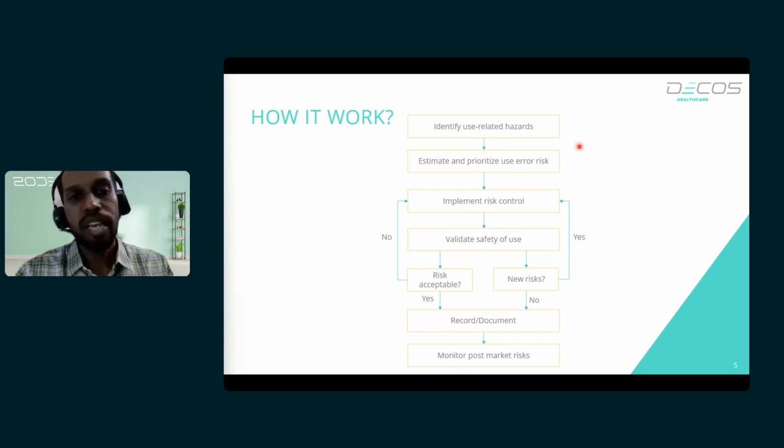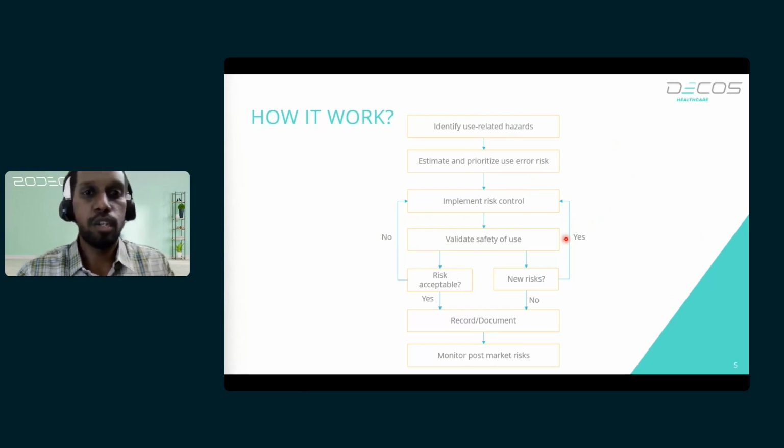Once we identify those, we need to put forth a mitigation plan. I need to identify what solution can bring down these identified use errors. Once I identify these solutions, I need to validate them. All solutions can't be completely true, right? If I'm putting a solution for one particular identified user error, I need to verify whether the risk control measure I have taken is giving me a better result.